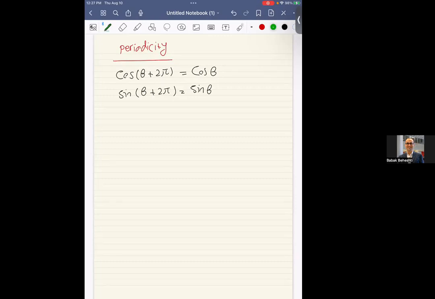So therefore, the conclusion is that cosine of 2 pi plus pi over 6, so 13 pi over 6, is just equal to cosine of pi over 6, which is equal to root 3 over 2.